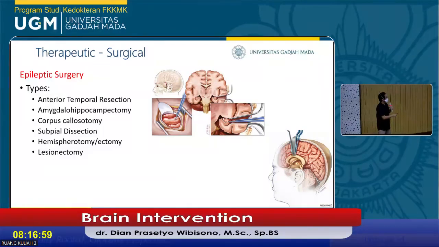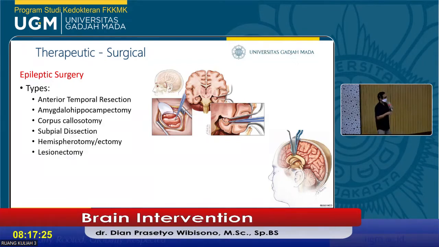We call it lesionectomy. Or for example, the most common type of epilepsy is what we call temporal sclerosis. So there is a sclerosis at the temporal lobe. The one that is sclerotic is the hippocampus.